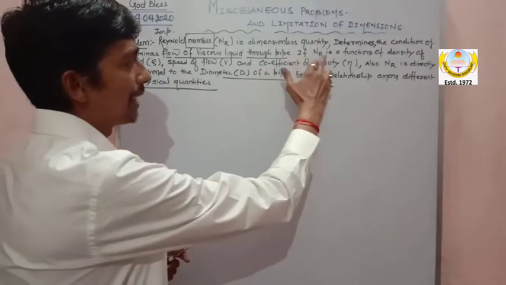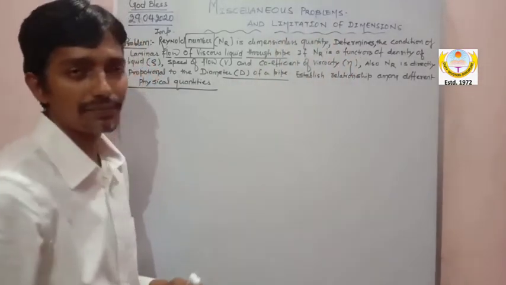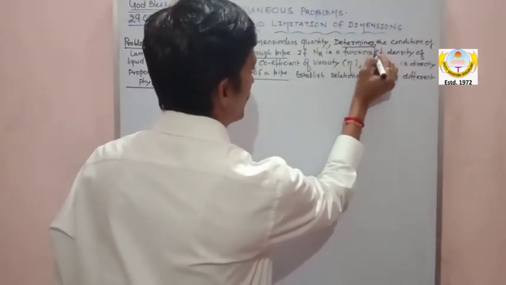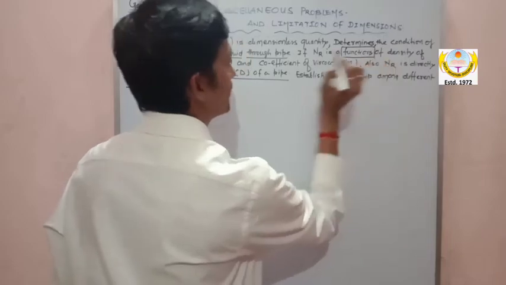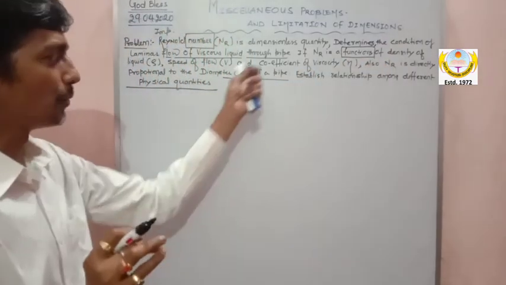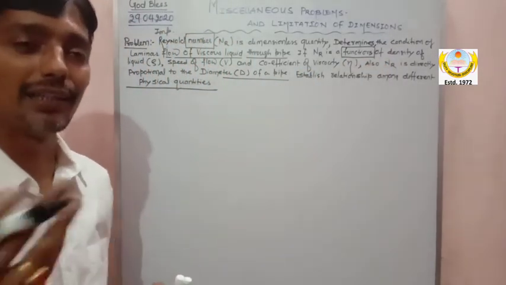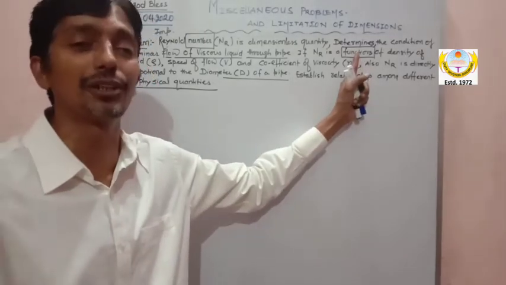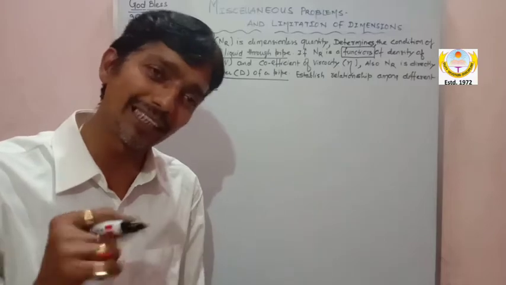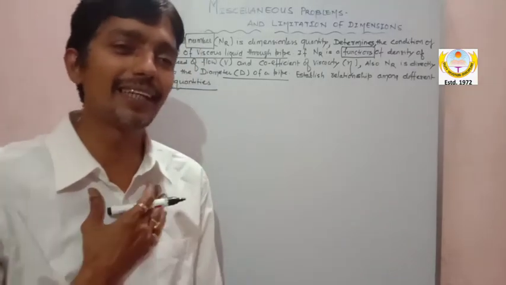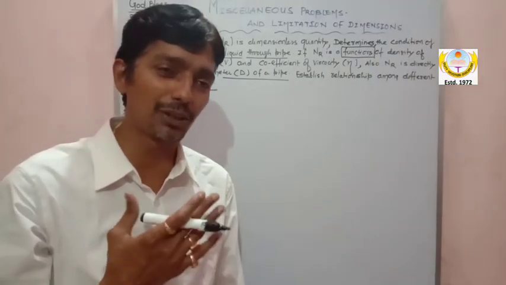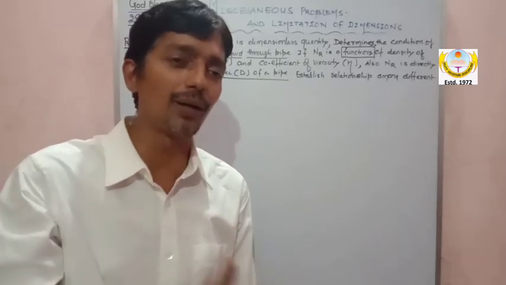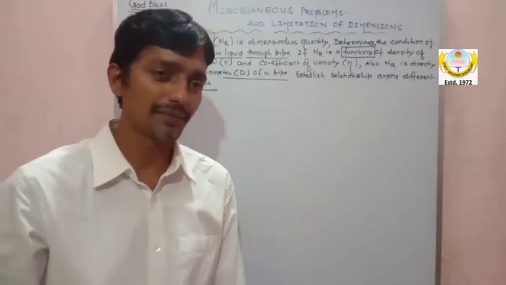Okay. If NR is a function of, my dear, here the important word is function. I have nowhere written depends. My earlier numericals were based on the word depends, but here I use the word function. My dear, function has the same meaning. If I say all my students are a function of me, it means that whatever I am doing, accordingly all my students are doing.